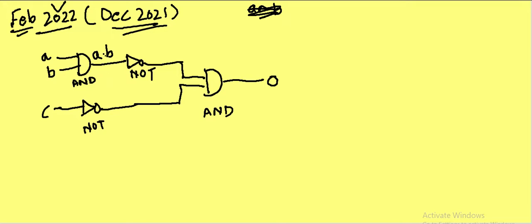Sometimes they will use AB, sometimes A dot B, sometimes A conjunction B, right? Okay, now C.